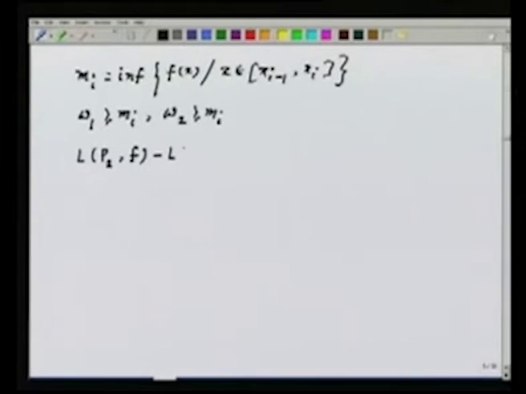minus LP1F. So I just write them down. Remember that there is a difference of only 1 point in P2 than in P1.